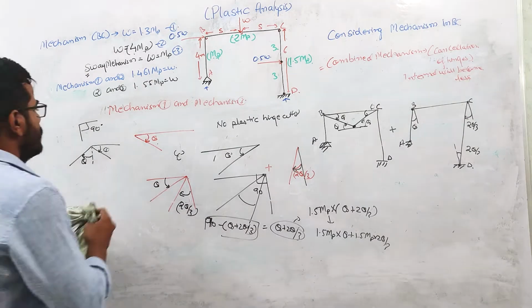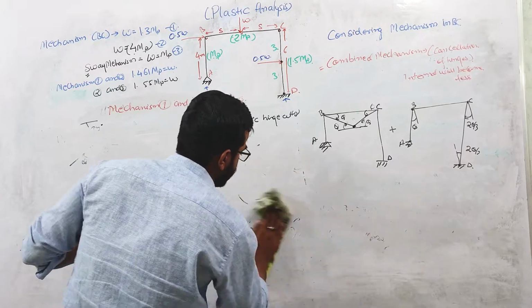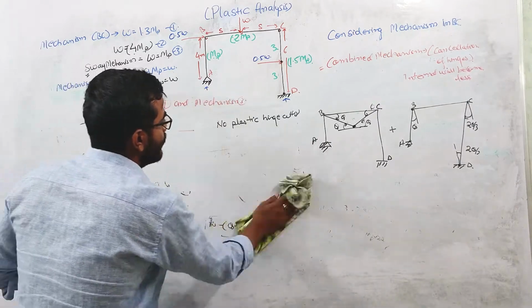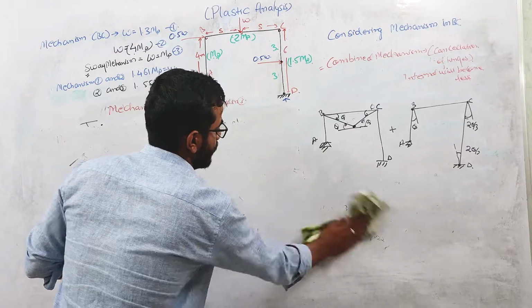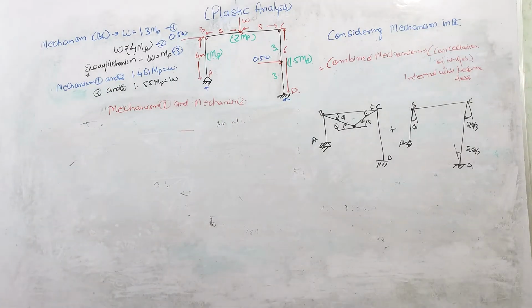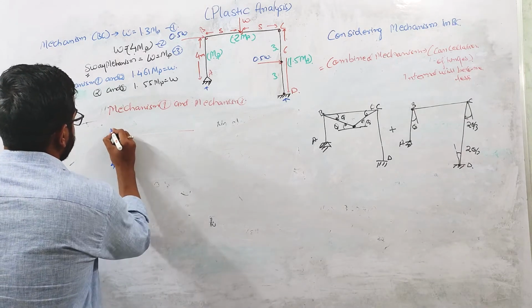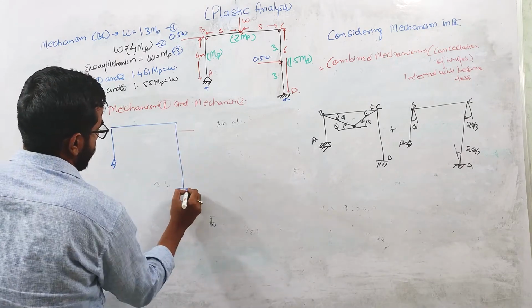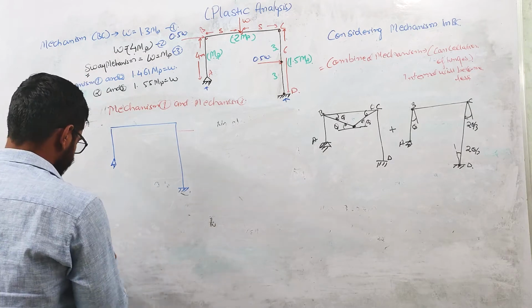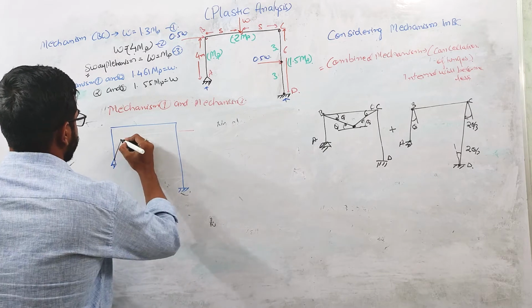Right? So now let us draw how it will deflect, how the plastic deformation will look when you combine these two mechanisms. Let us suppose this is our initial frame. After deflection, during collapse, the deflection will look like this.